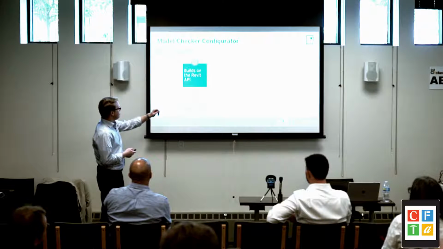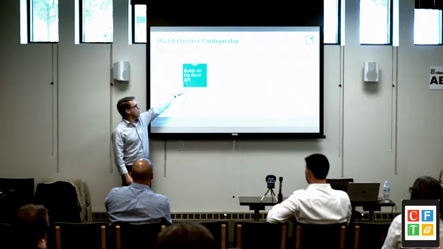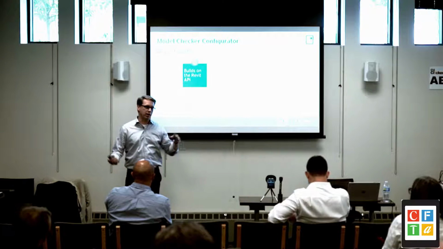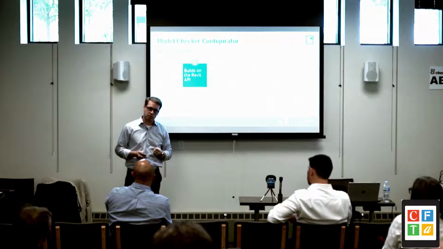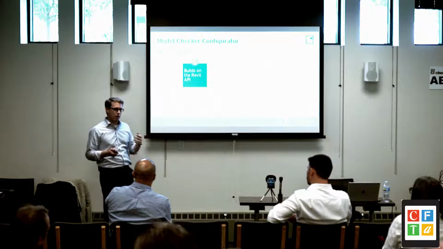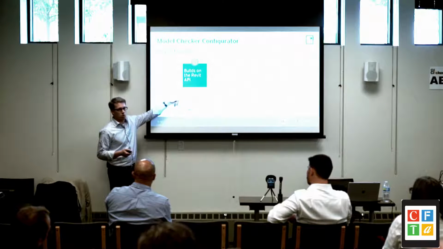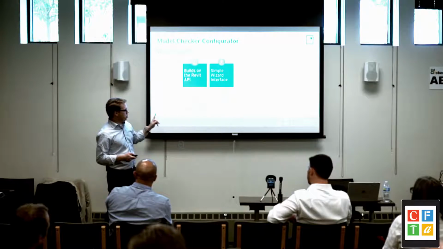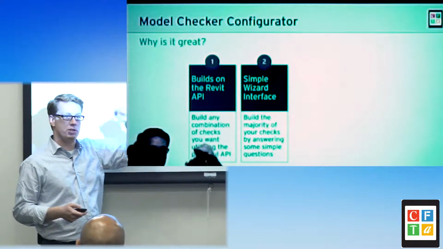All right, why is it great? The API, the application programming interface in Revit, is Autodesk's way to let anybody modify Revit the way they want. Of course, you have to do that in C#, .NET programming, but it's a very powerful tool, and so it's built on top of that. You have 2 ways to build your checks. You have a very simple wizard interface.